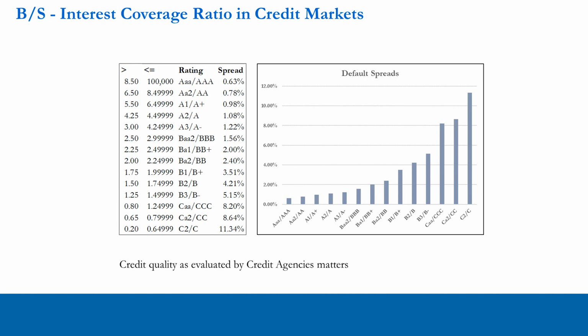So again, we have both sides affecting each other, the debt financing operations and the operations determining credit rating and the price or interest of debt. So we have, in this instance, a positive spiral.